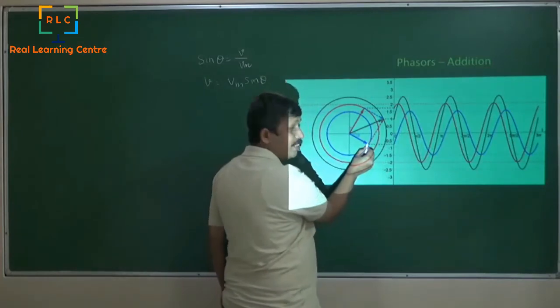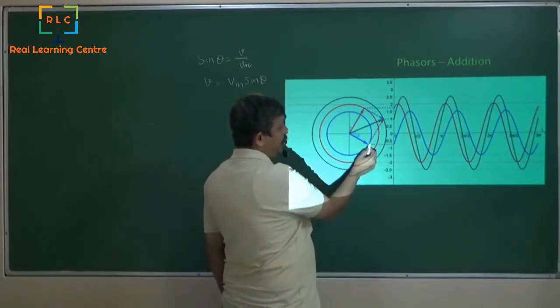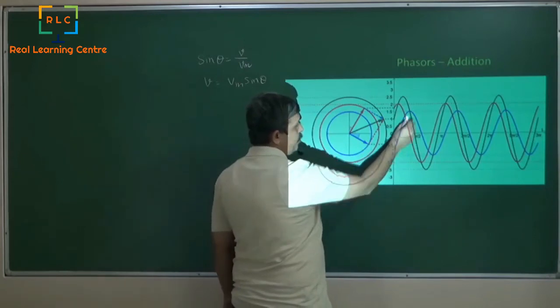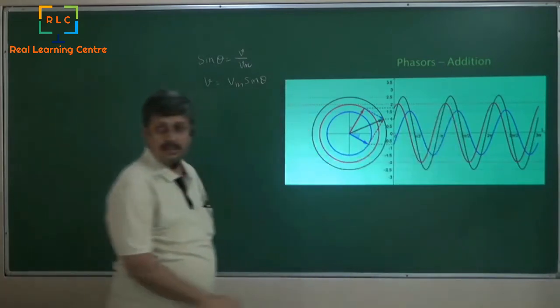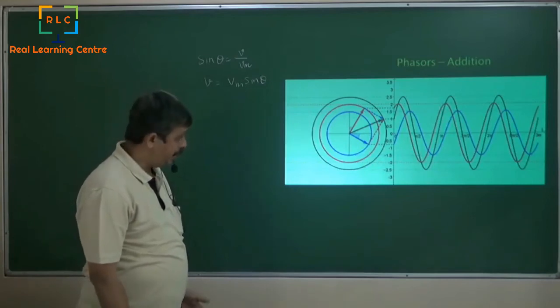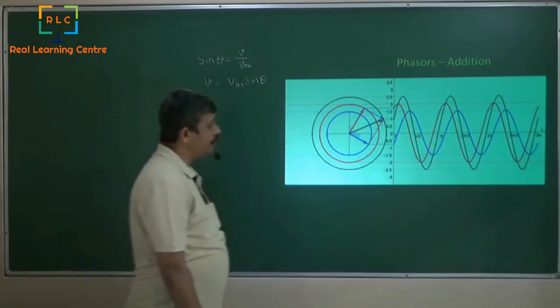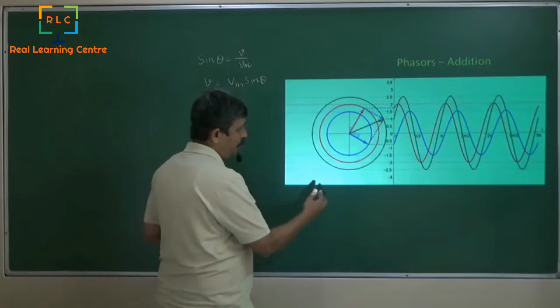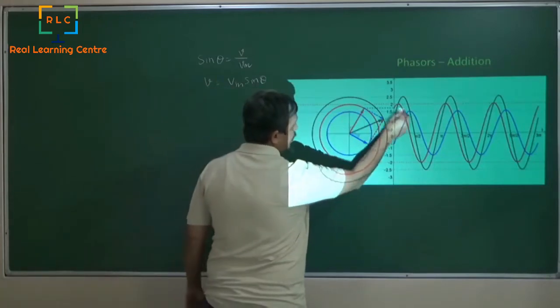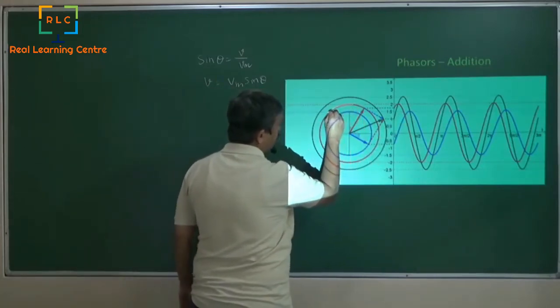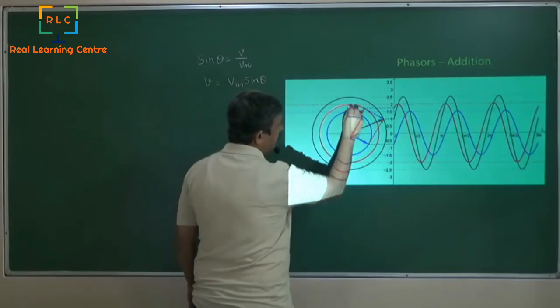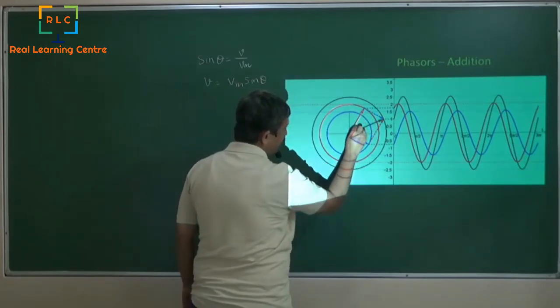This arrow specifies how this is varying. And you can see that there is one more, for example this second one, specified by this arrow.